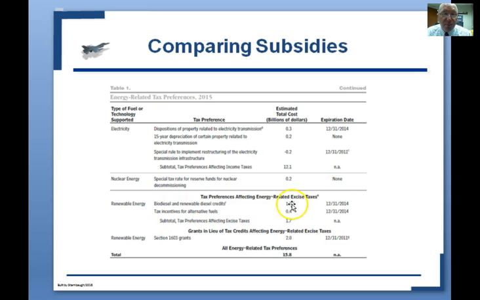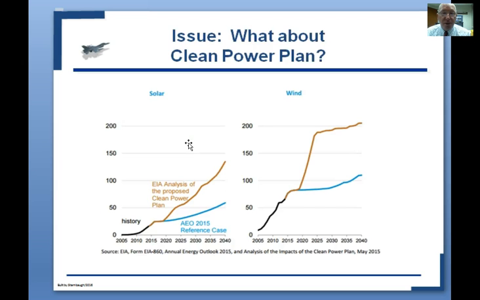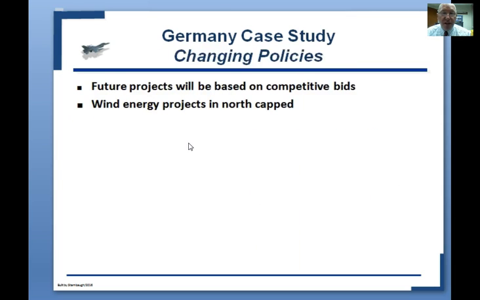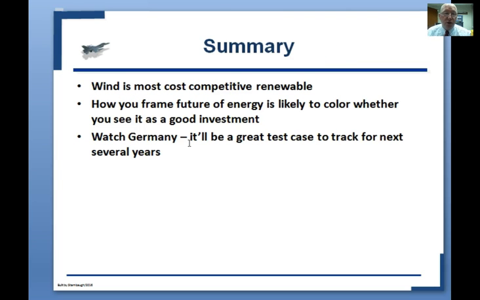The reason I didn't include some of these is you can see these are clearly not wind. I think you can say wind gets about $6 to $7 billion based off of the energy tax preferences, and that's something else important to keep in mind. And that's it for renewables.